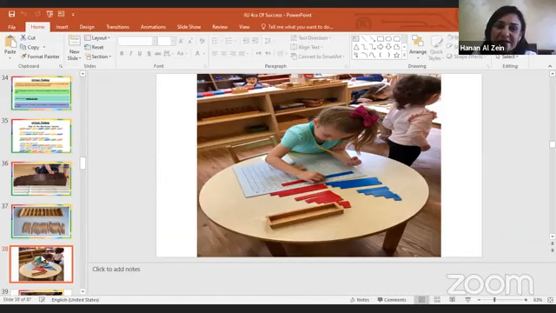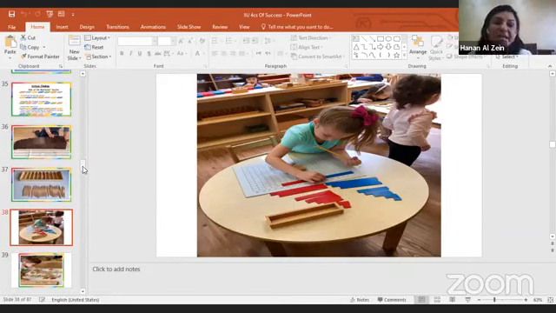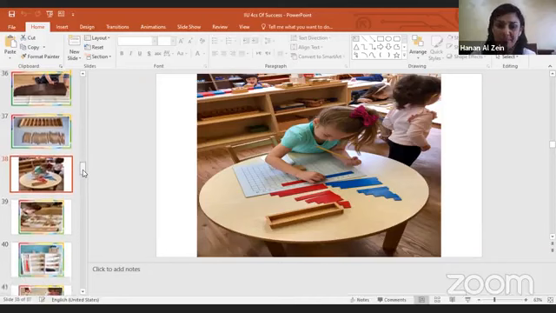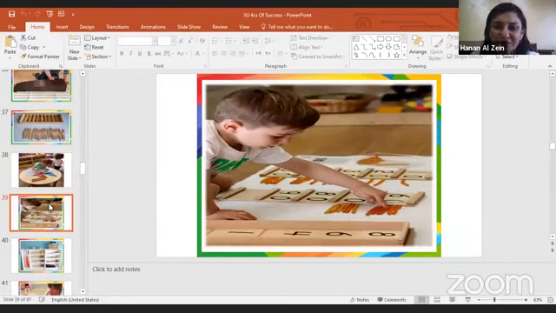Students are using these sensory materials in order to transform, step by step, to what we call concrete objects, or the paper work. Look at this, how wonderful, how amazing. Look at these tools. They are not toys, they are work tools.